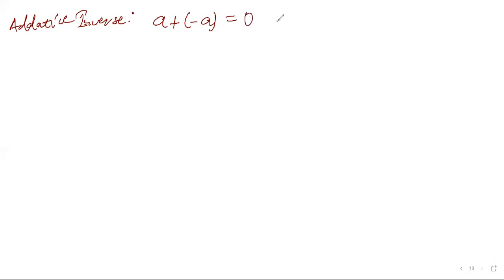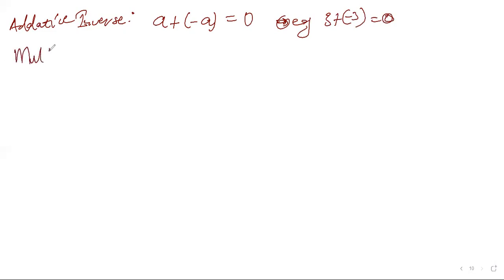For example, 3 plus negative 3. Remember that the sign of positive and negative gives you a negative. So 3 minus 3 is 0, which is an additive identity.